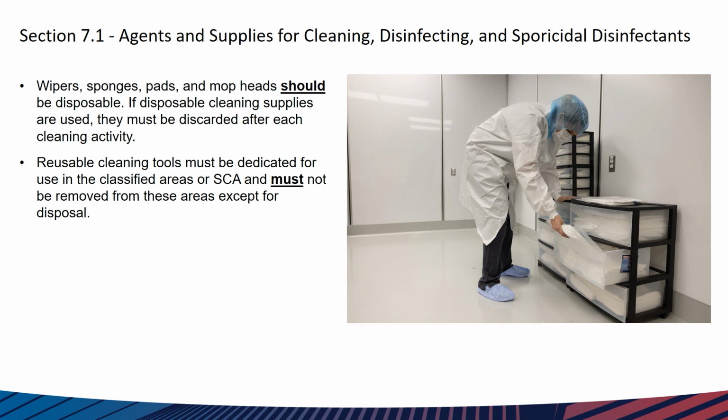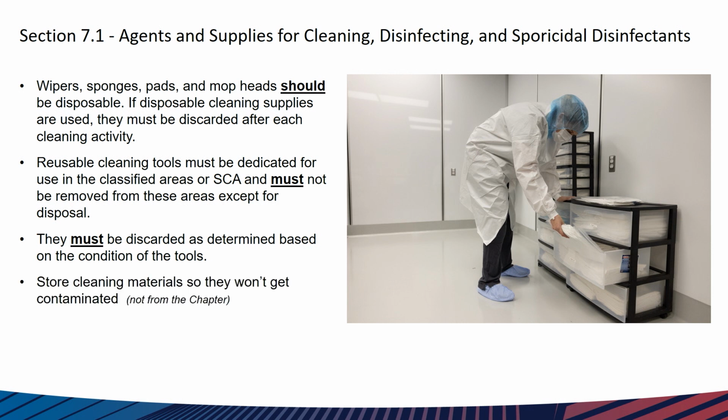Never bring that hardware back into the non-hazardous side of your PEC. They must be discarded based on the condition of the tools. So as the manager of a facility, I would take it upon myself at least weekly or perhaps monthly to check the hardware for any corrosion or broken parts on that mop hardware and make sure you replace it when it needs to be done.